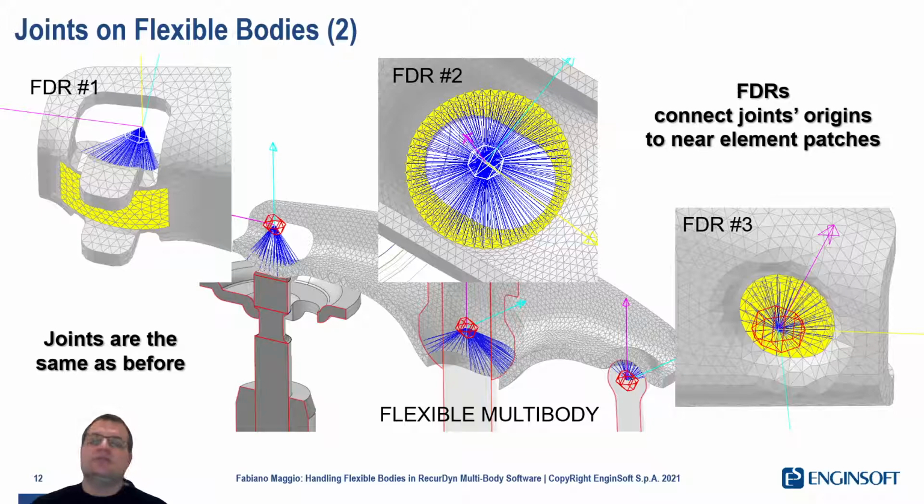If we need to transfer the force from the joint origin to the body that is now flexible, we need these FDR structures. The FDRs are like spiders. So the load from the master node, this is the master node, the starting of the FDR, is then transferred to a number of nodes on the flexible body. This operation must be repeated for all interface points.